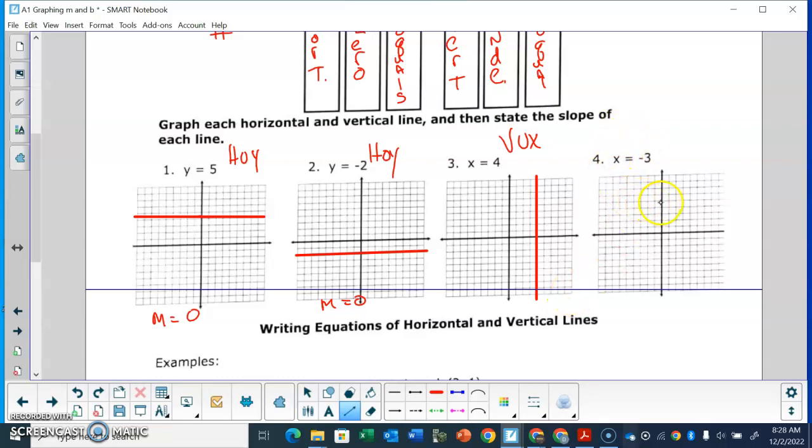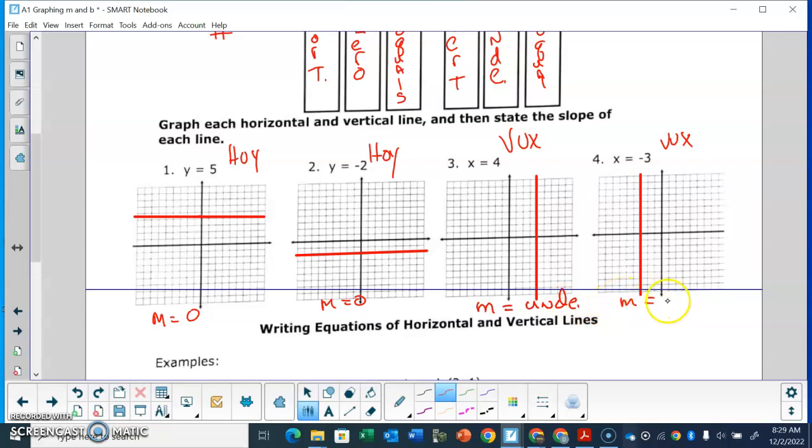This one's also a VUX, and we want -3. 1, 2, 3. And there's our vertical line. Like I said, this is a VUX as well. And the slope, m, is undefined. And here, m is equal to undefined. All right.